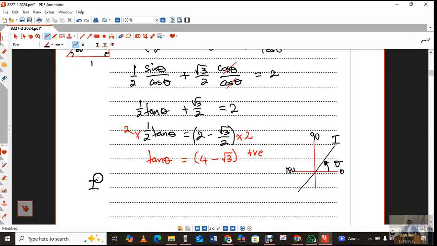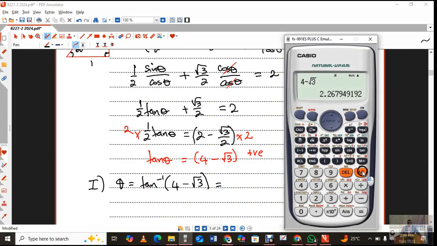So in the first quadrant here, we are going to have that theta equals the inverse tangent of 4 minus root 3. Let's see what that is. Okay, the inverse tan of our answer, because my calculator was still programmed on that. So 66.2 degrees.